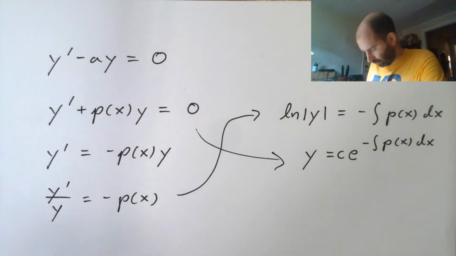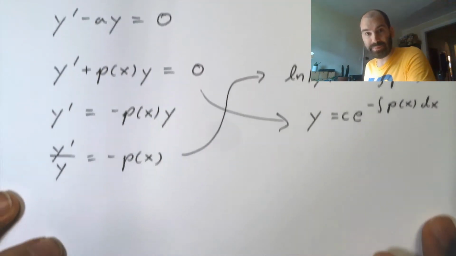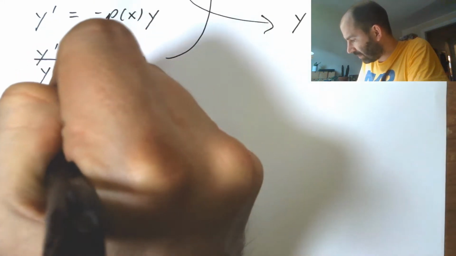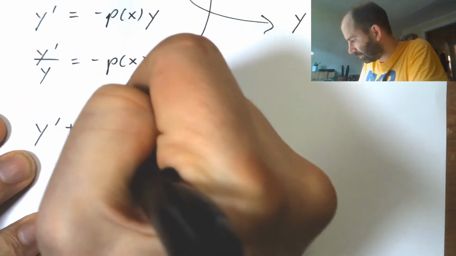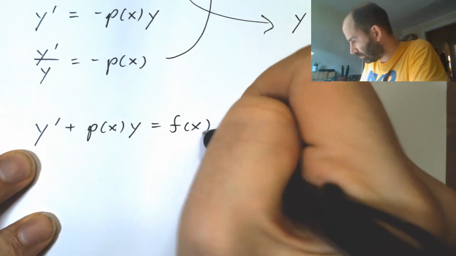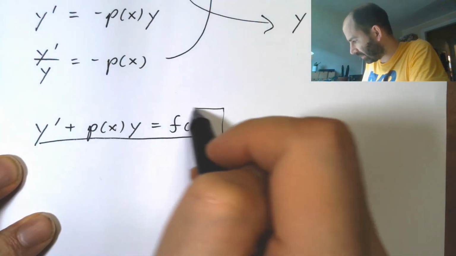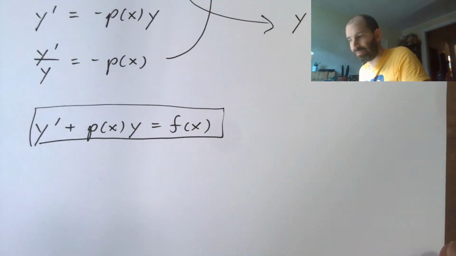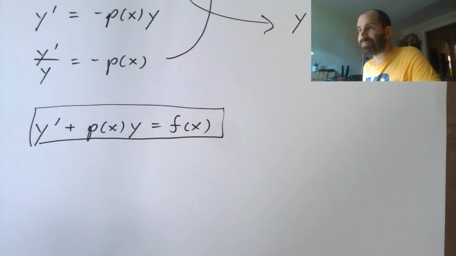Okay? So what would we do there? Let's take a look. Let's write one of these down. So what we're looking at is differential equations of the form like this. This is what we're going to focus on in this video.